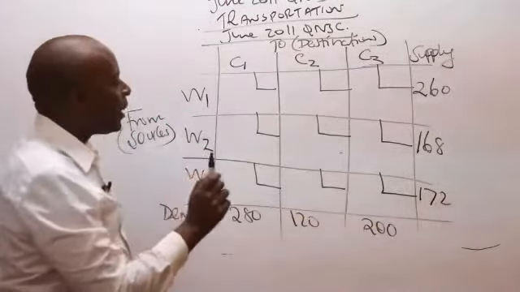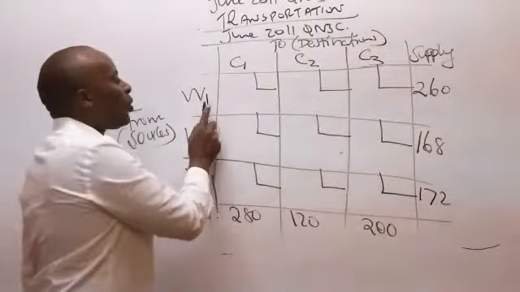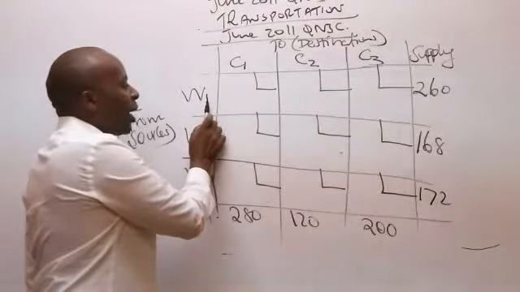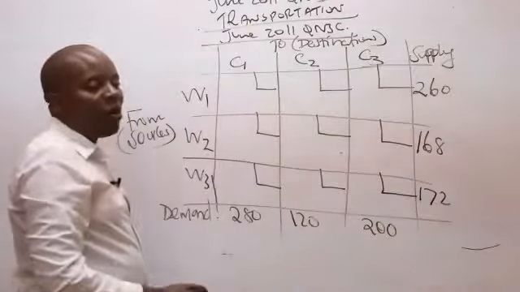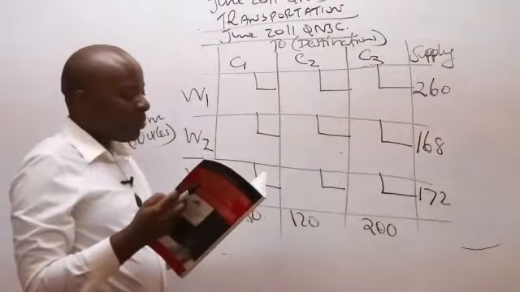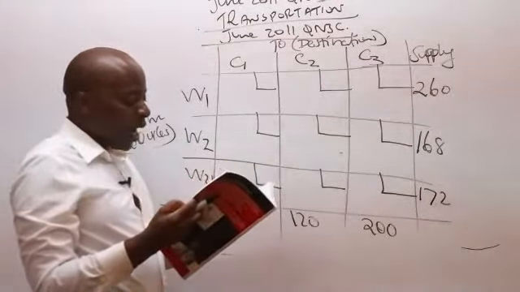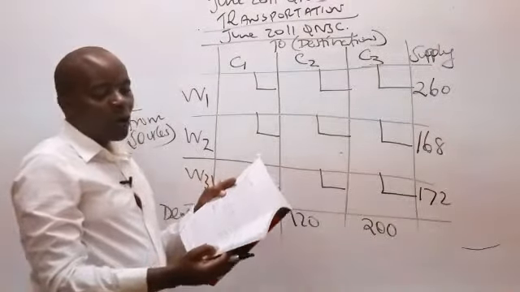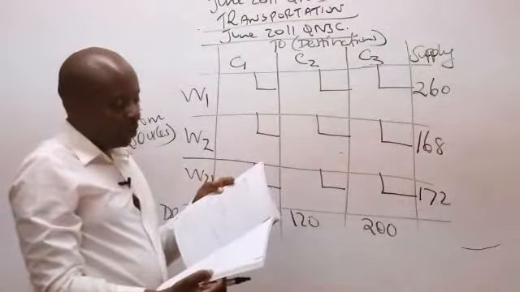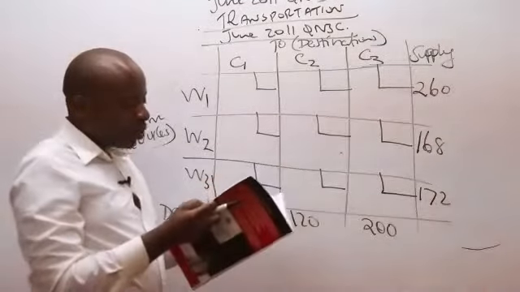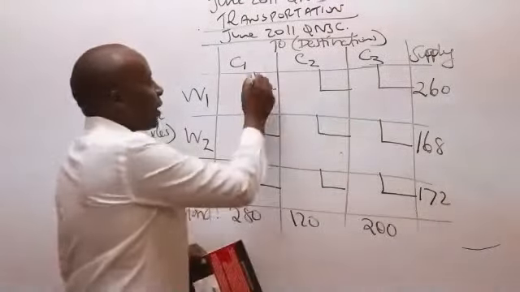So how much does it cost us to transport 1 bag of rice from warehouse 1 to C1? I hope you are able to see the transportation cost per bag given on that table. Warehouse 1, C1 gives us 100.